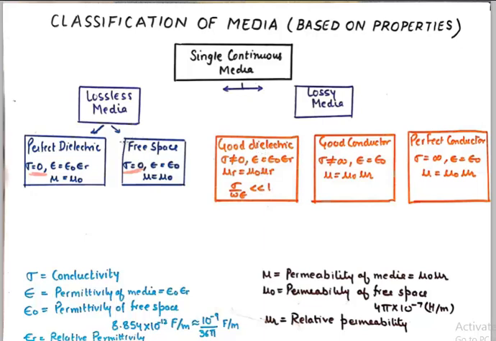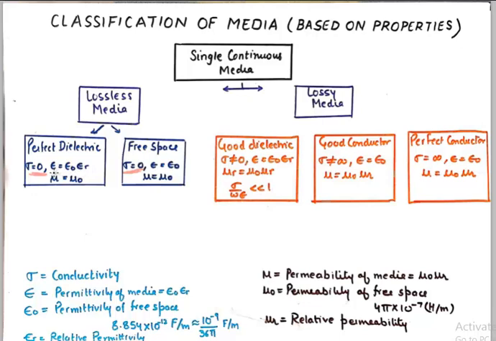Now the second key point here is that under lossless media you'll find two different media, perfect dielectric and free space. What's the difference between these two? For free space, epsilon will of course be epsilon naught and mu will be mu naught, which are the standard values for permittivity and permeability respectively. But for perfect dielectric, you can assume mu to be equivalent to mu naught, but epsilon is given by epsilon naught into epsilon r.